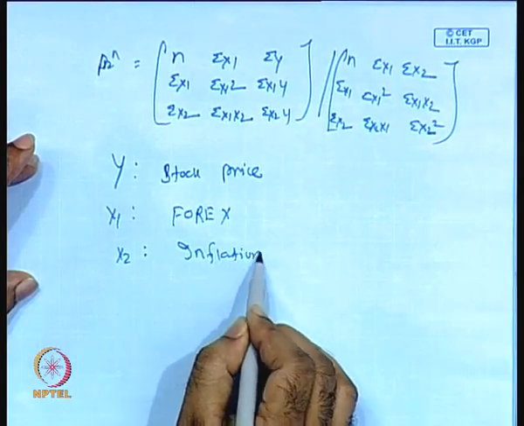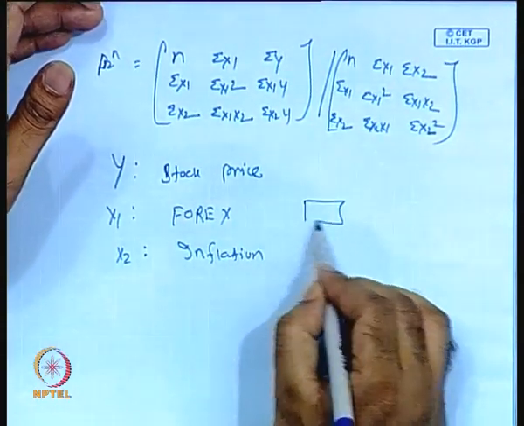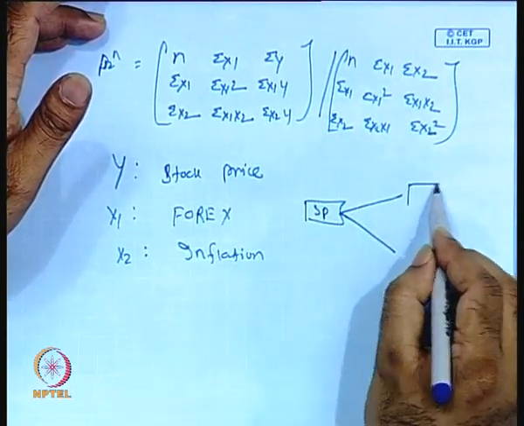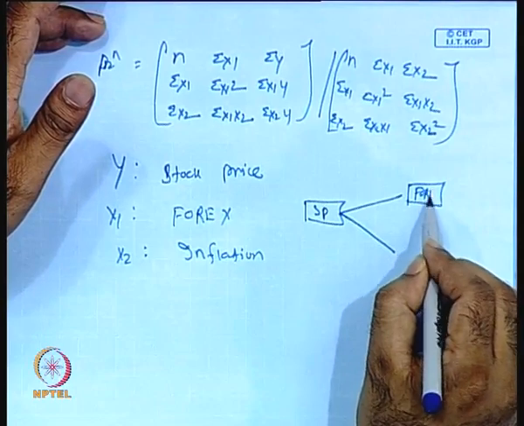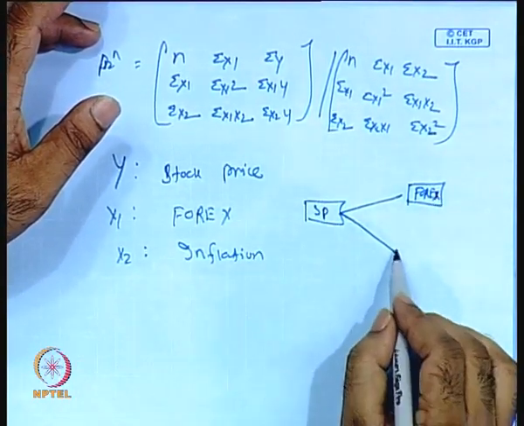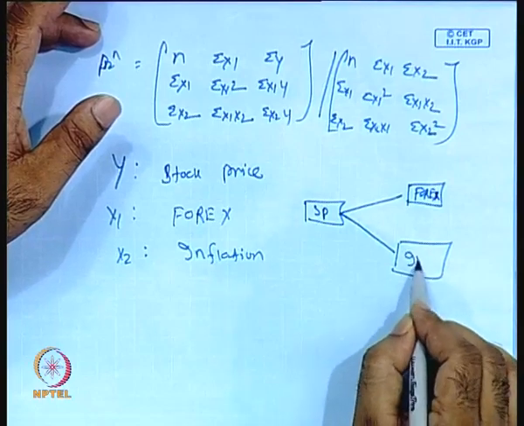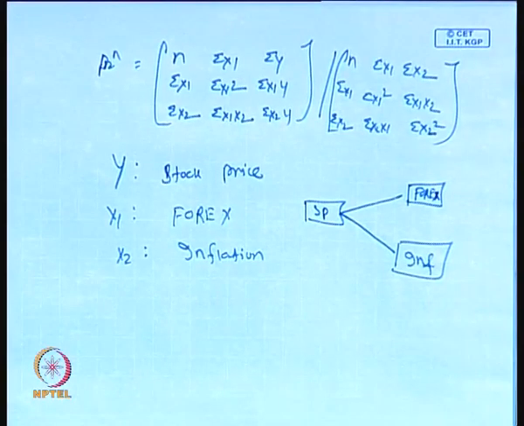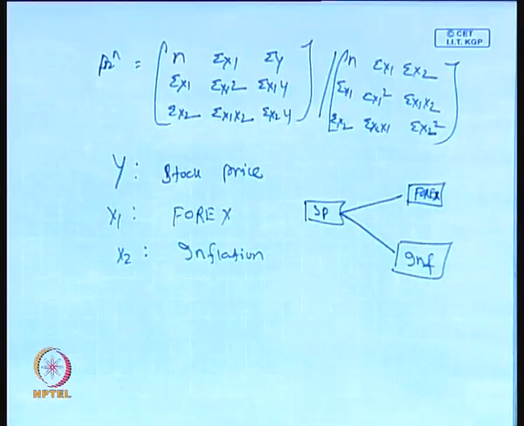So here our agenda is that the stock price has to be integrated with the forex, and then inflation. I will call it INF. The idea here is to know how much influence forex has on stock price and how much influence inflation has on stock price.